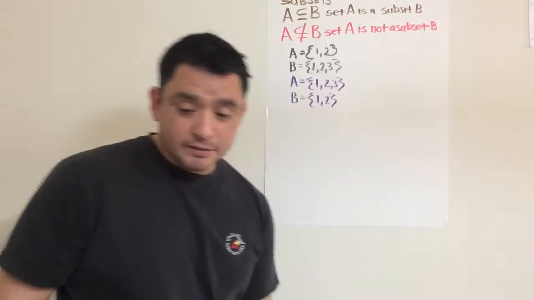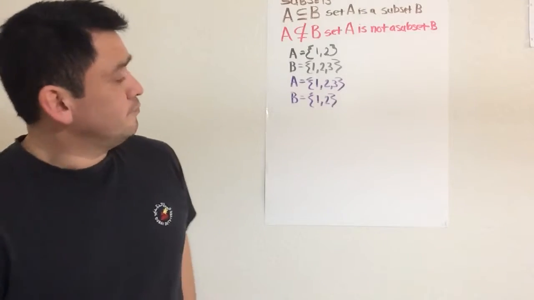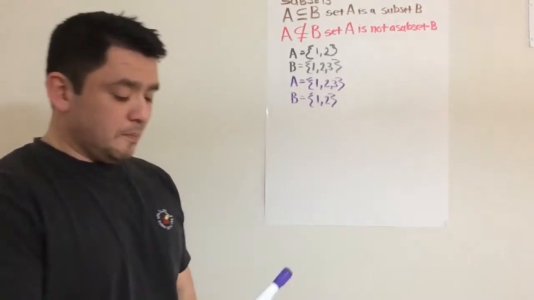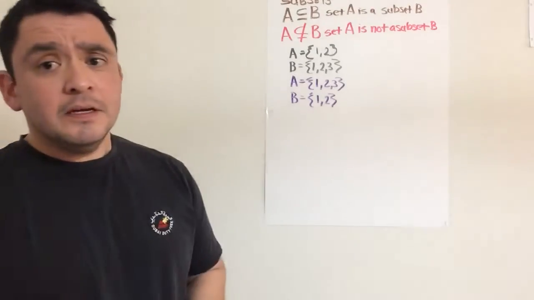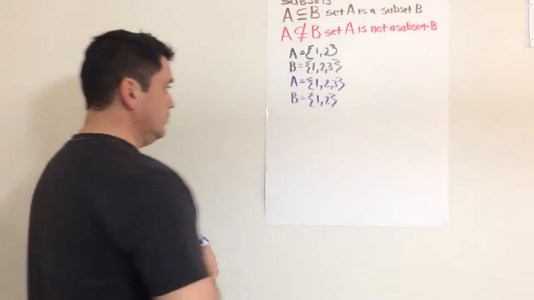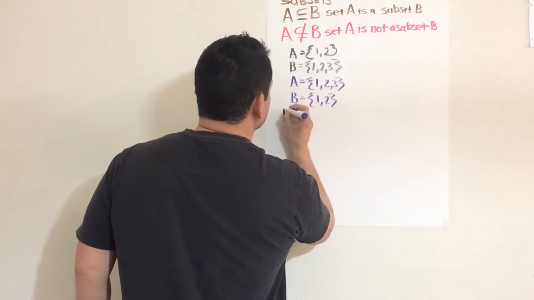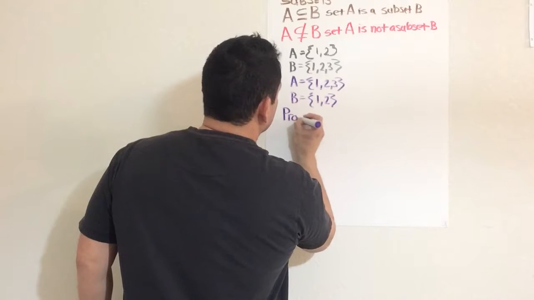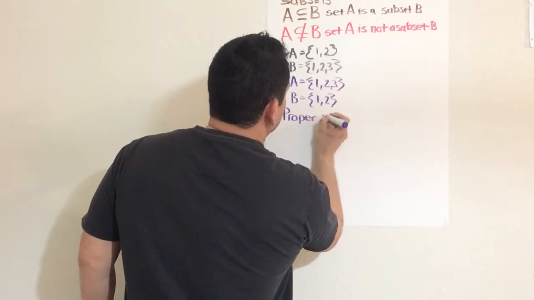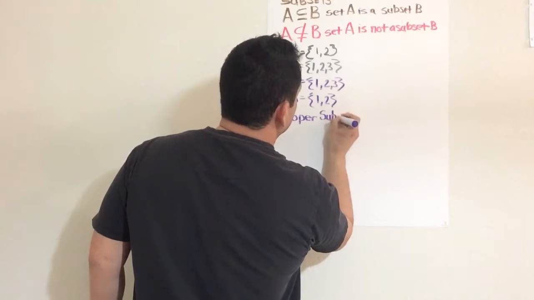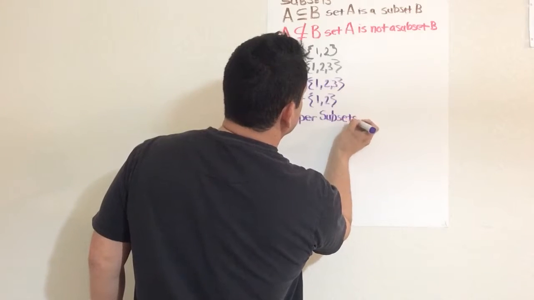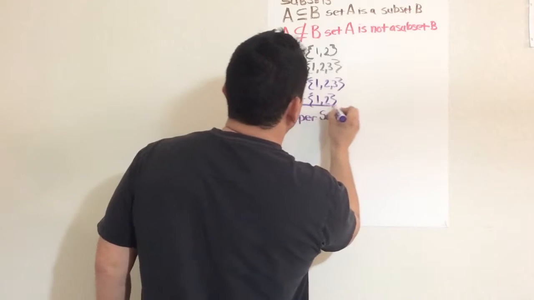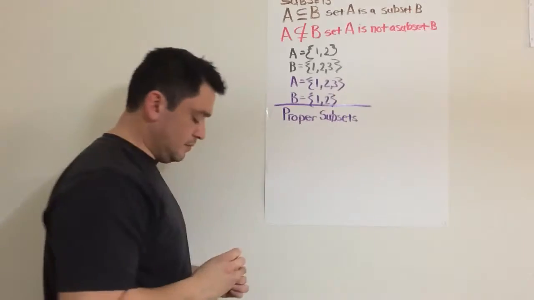Now before I write it down, let me change my marker. We change the marker so they can be separated, because now we're talking about proper subsets. Let me draw a line here. Okay? Proper subsets.